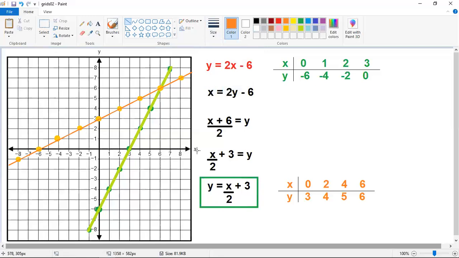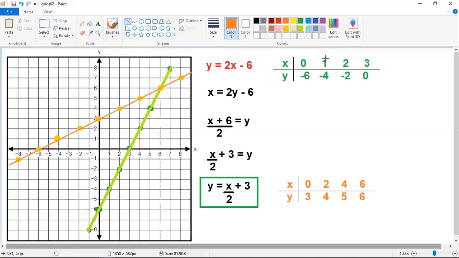Now, we learned before that the inverse means a switch of values. Look at this one. 0, negative 6. X is 0, negative 6 for y. So the inverse of this is when x is negative 6, y is 0. That's the inverse.